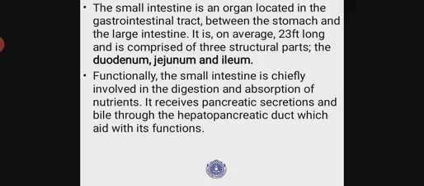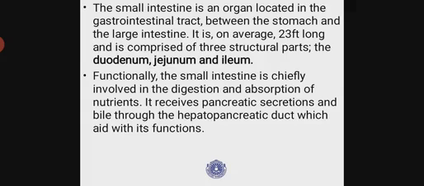The small intestine is an organ located in the gastrointestinal tract between the stomach and the large intestine. It is on average about 23 feet long and is comprised of three structural parts, that is the duodenum, jejunum and ileum. Functionally, the small intestine is chiefly involved in the digestion and absorption of nutrients.